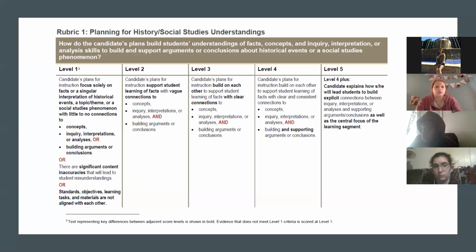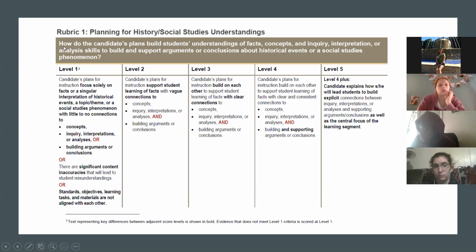So I put the social studies rubrics here. All the rubrics are in the handbooks and they're on the website, but I wanted to talk about social studies. It's very similar to English and pretty similar to math as well, also similar to the elementary, right?